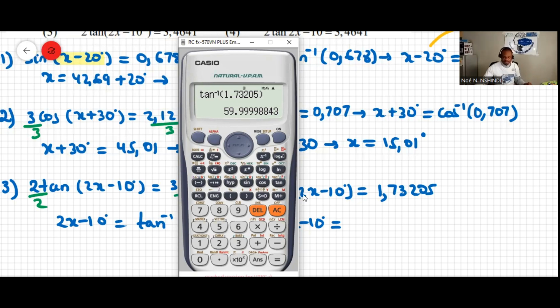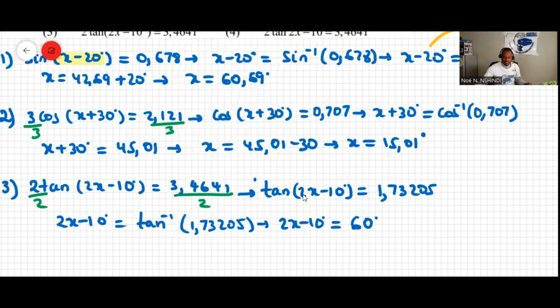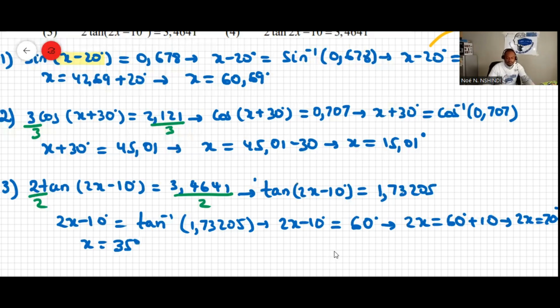That makes 60 degrees. Now if I move the negative 10 over, 2x equals 60 degrees plus 10, which means 2x is equal to 70 degrees, and to get the value of x we divide both sides by 2. 70 degrees divided by 2 is just 35 degrees. That was question 3.